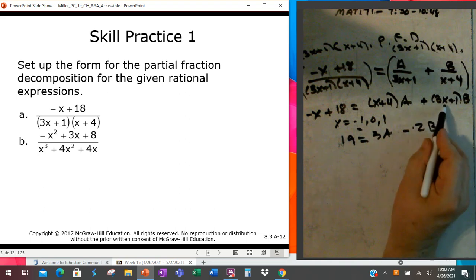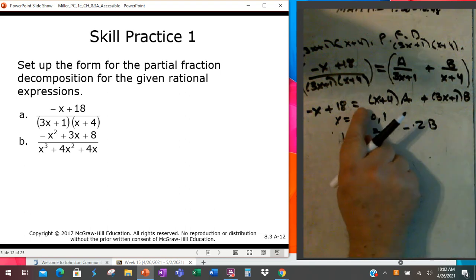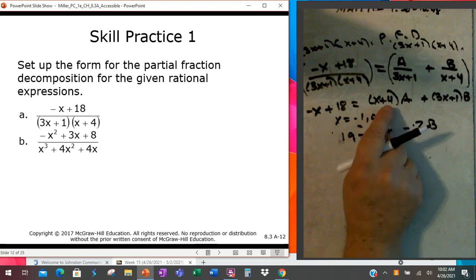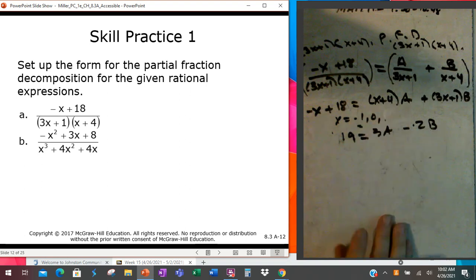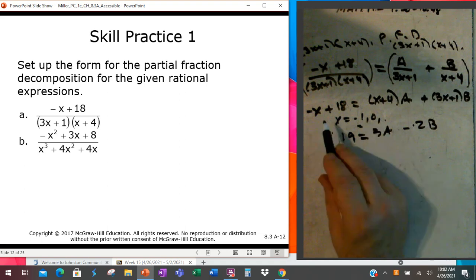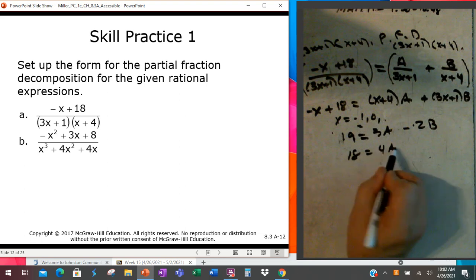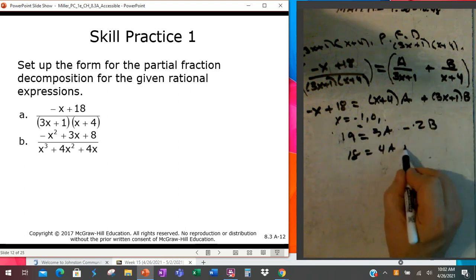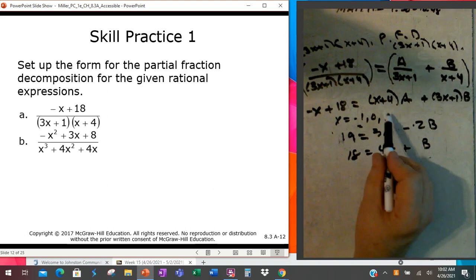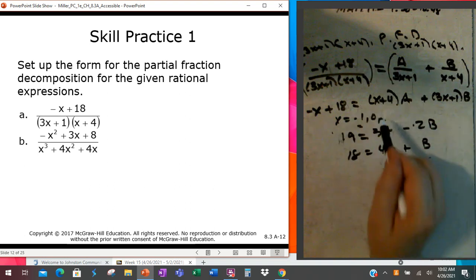For -1, this is -3 plus 1, -2B. I don't need this one. I don't need but those two. And then 0, 18 equals 4A, 0 plus B. I could have also done the 1 here, but all I need is just 2 of these things.